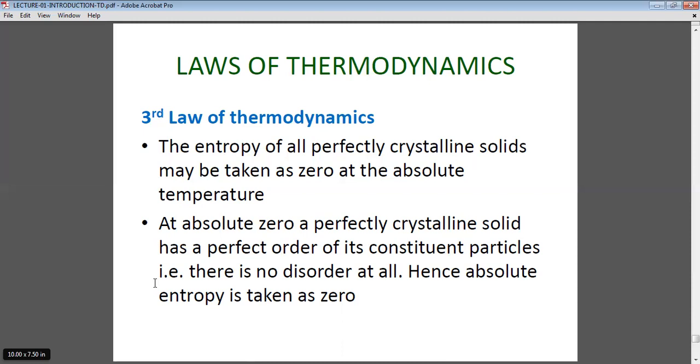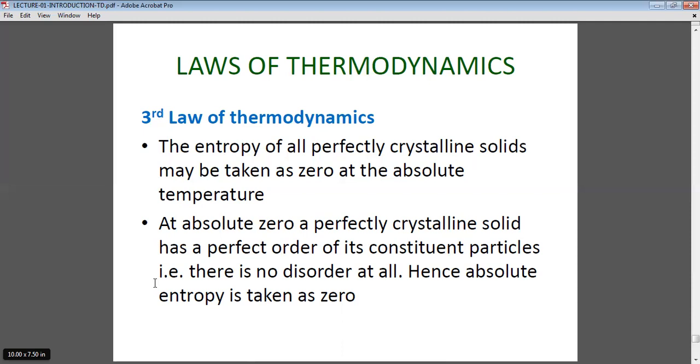Coming to the applications of the entropy principle, the principle of increase in entropy is one of the most important laws of physical science. It is the quantitative statement of the second law of thermodynamics, and every irreversible process is accompanied by an entropy increase of the universe.